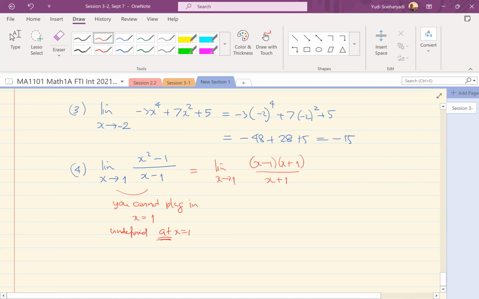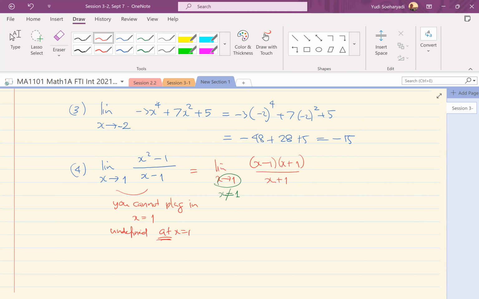All right, when we write something like this limit, implicitly, it means that x does not equal 1.